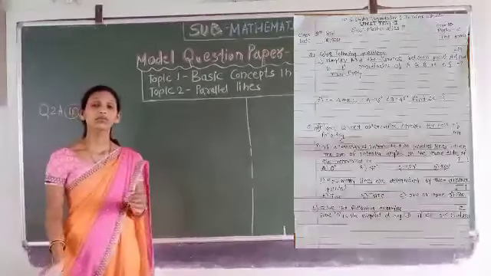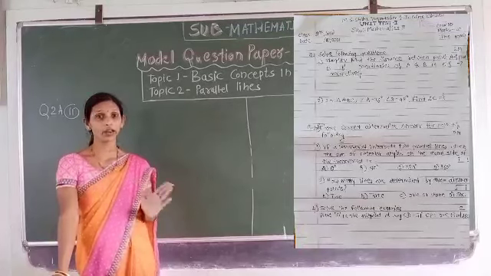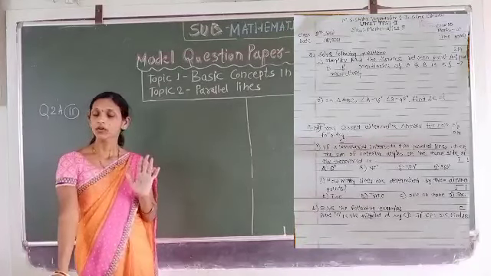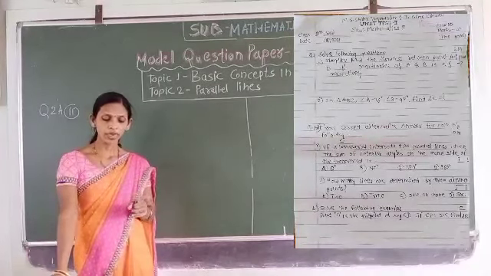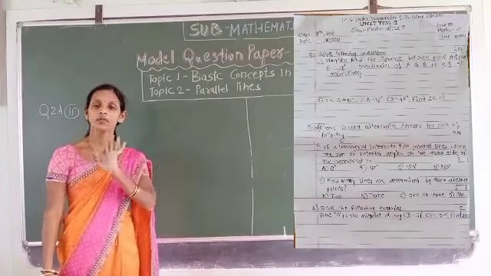Here you have to read the MCQ carefully in the question paper. See here, how many lines are determined by 3 distinct points?